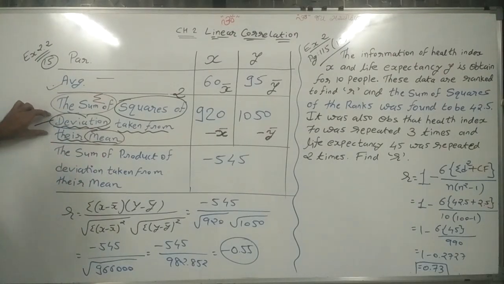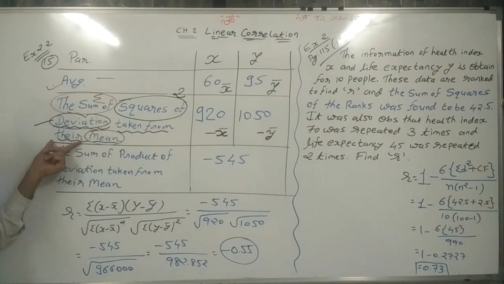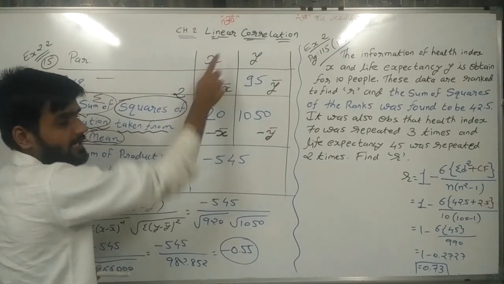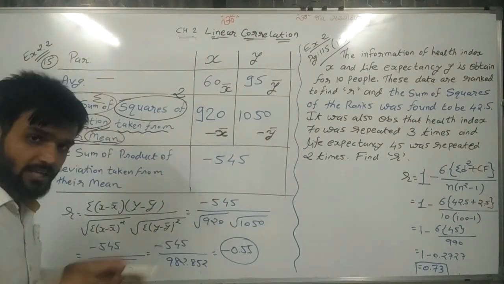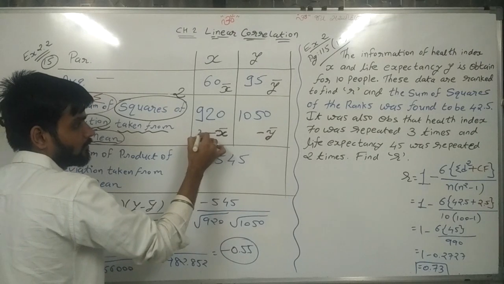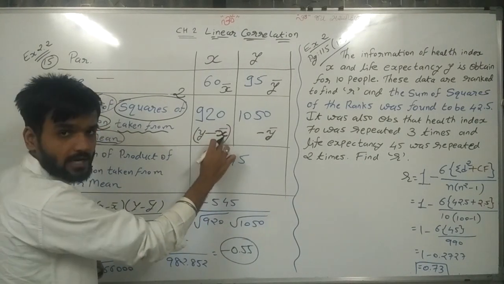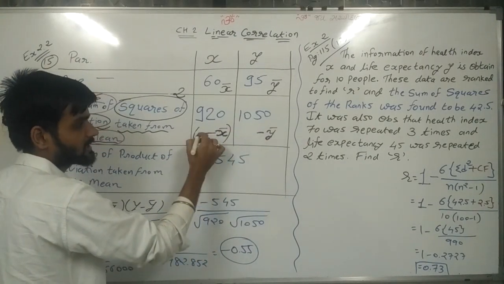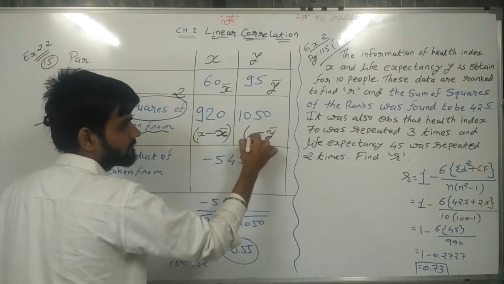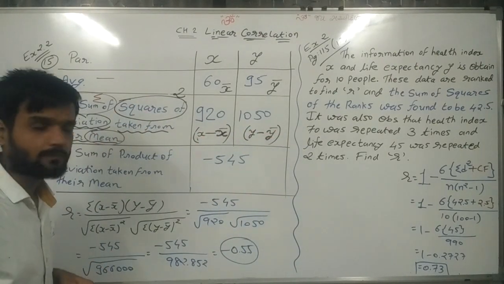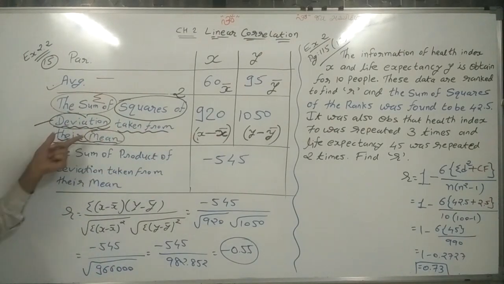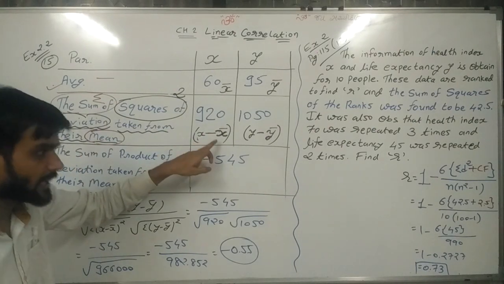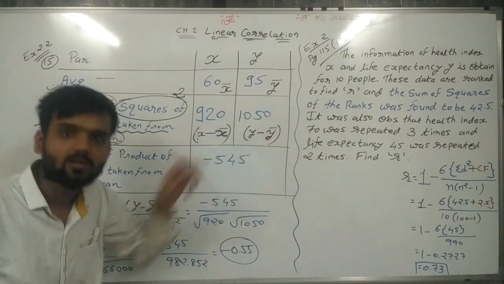So again, deviation taken from their mean. Their mean means for x, x bar, for y, y bar. Deviation means minus. So here, x minus x bar, and for the second, y minus y bar. Deviation taken from their mean: x minus x bar, y minus y bar.